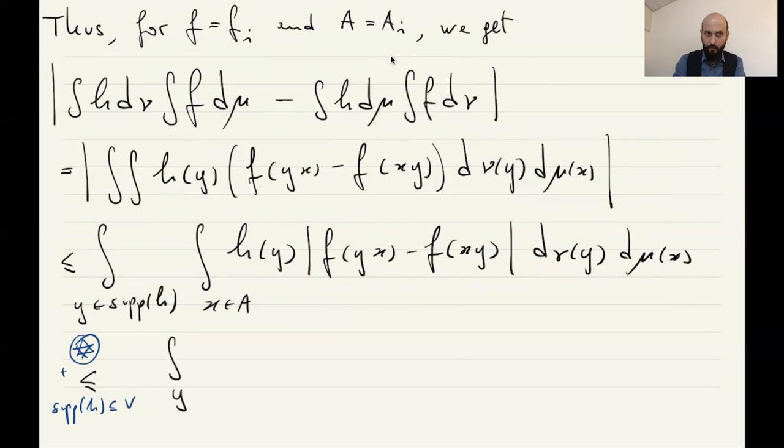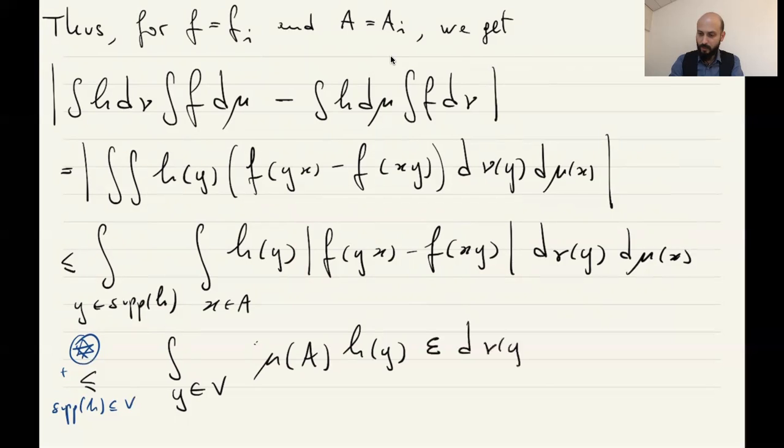For y in v, this is just as big as the measure of the set a, h of y is constant in x, and then this other difference is less than epsilon, d nu y d mu x. And now this is less or equal than epsilon mu of a times the integral over all the space of h d nu. So we have this bound.